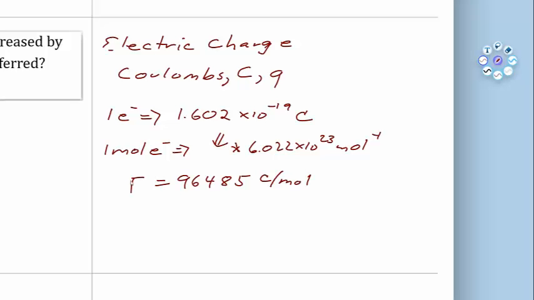This is an important constant called Faraday's constant, and we use this to calculate electric charge using the equation Q equals N times F. Notice how N would be in moles, typically the number of moles of electrons, and F is in coulombs per mole. So dimensional analysis says that Q would be in units of charge, coulombs. So we're in good shape.